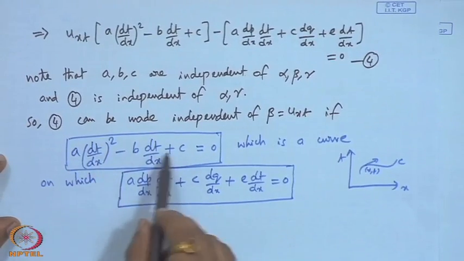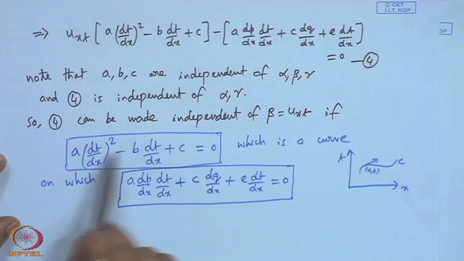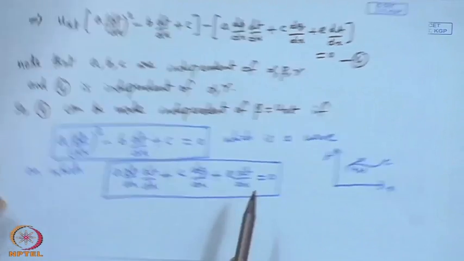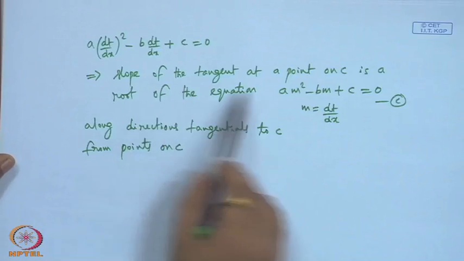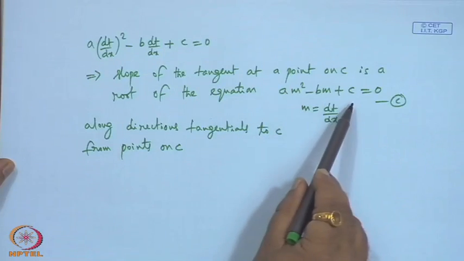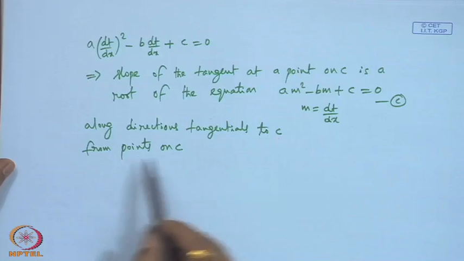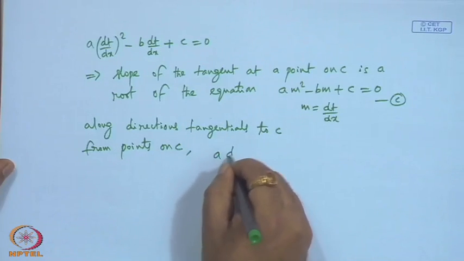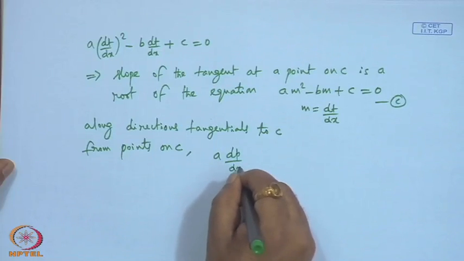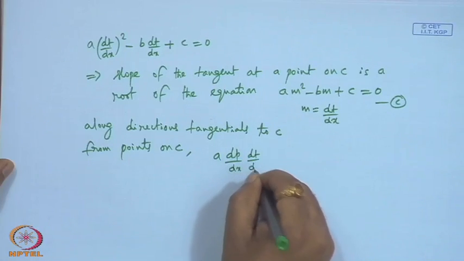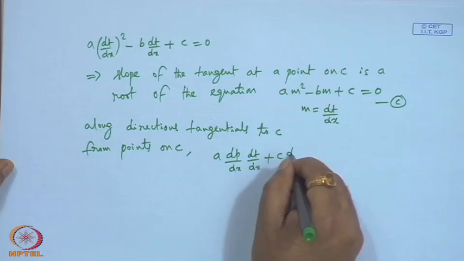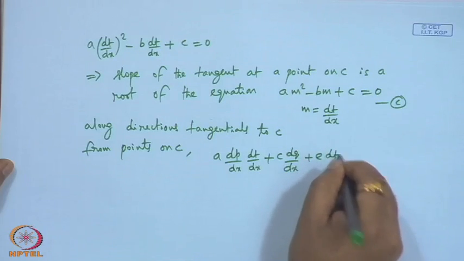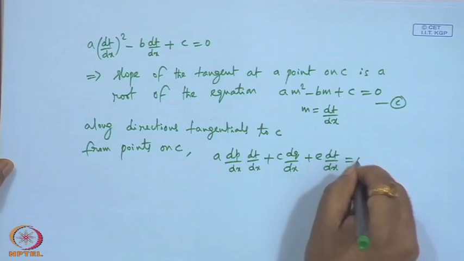So, this gives that if the slope satisfies this equation, then this relation holds. So, it is combined: if the slope satisfies this equation, then along directions tangential to C from points on C, we have A dp by dx, dt by dx, plus C dq by dx, plus E dt by dx equals 0.